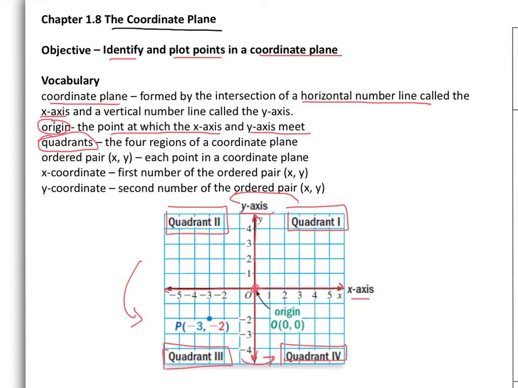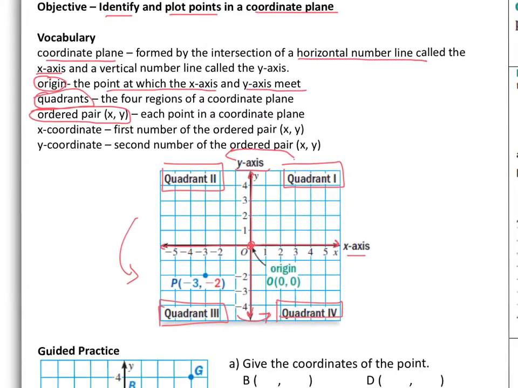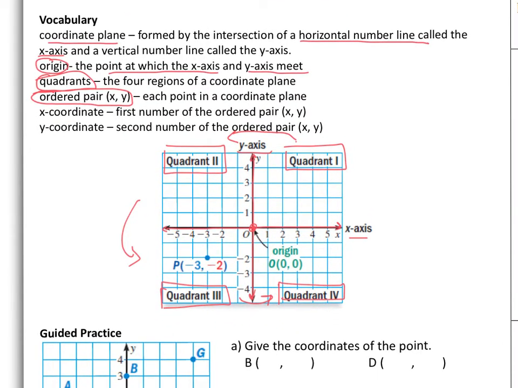Every point in the coordinate plane we call an ordered pair. So point P here will be considered an ordered pair (x, y), where x is -3 and y is -2.